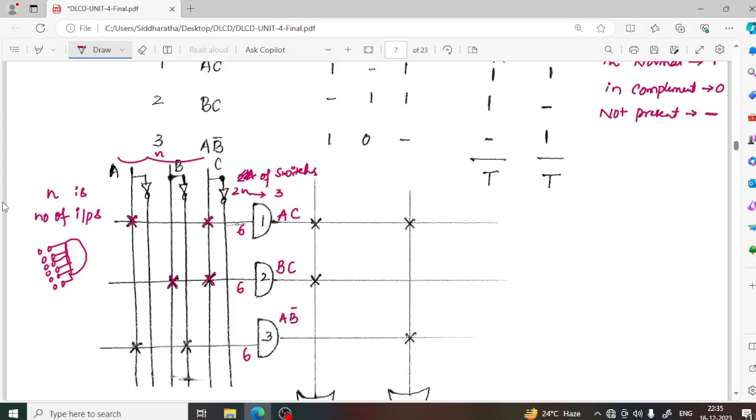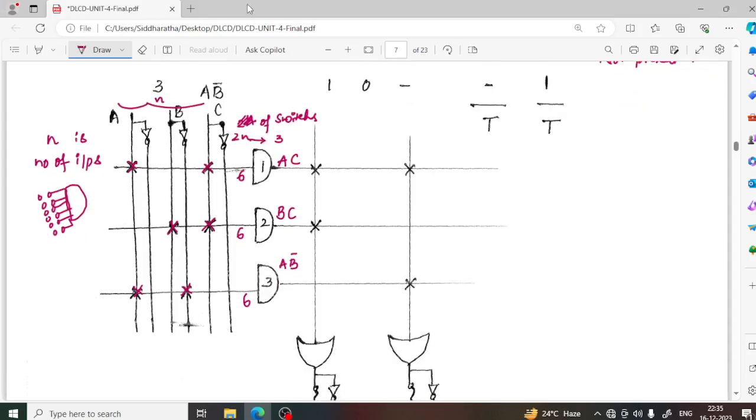Consider this as the input line for this AND gate. So at the intersections of the B line and the C line with the input line of the AND gate, you have to put a cross mark. Similarly, A B bar we require: the A line and the B bar line, you have to put a cross mark. Very simple.